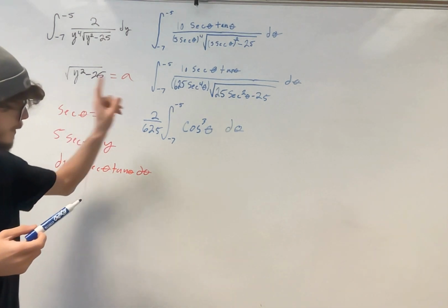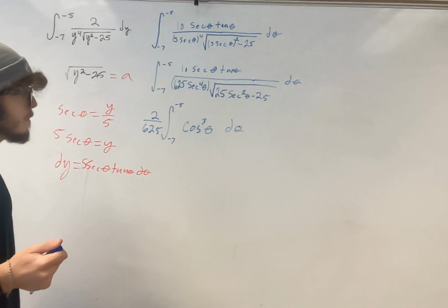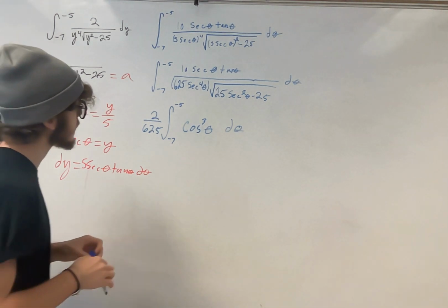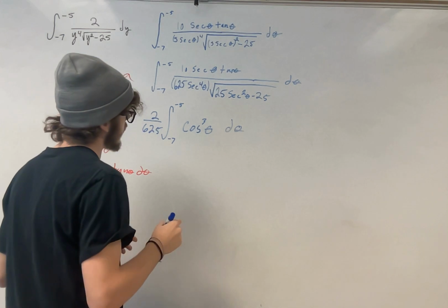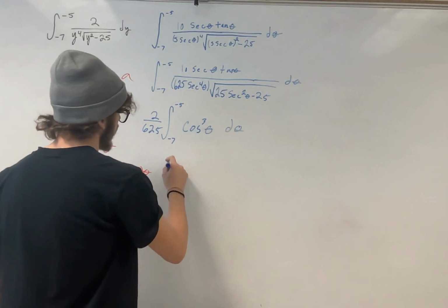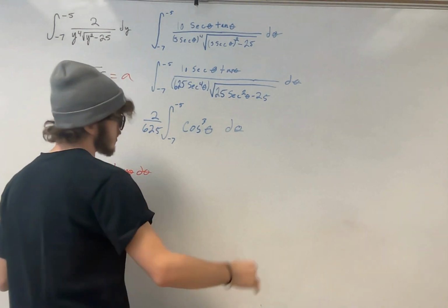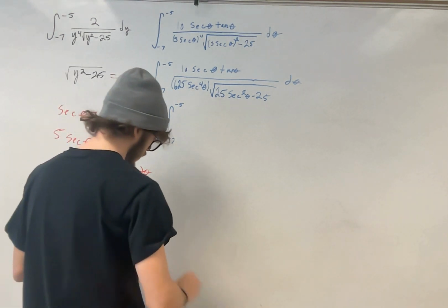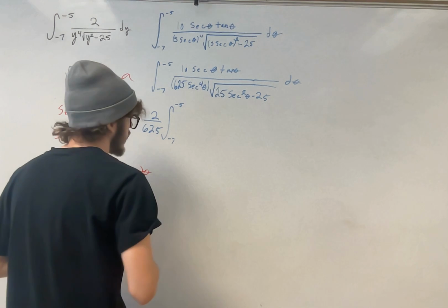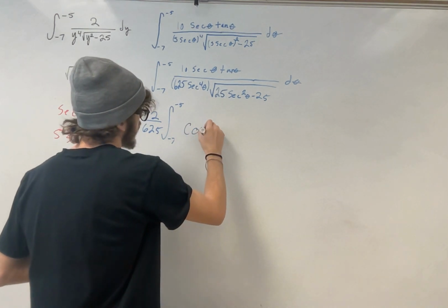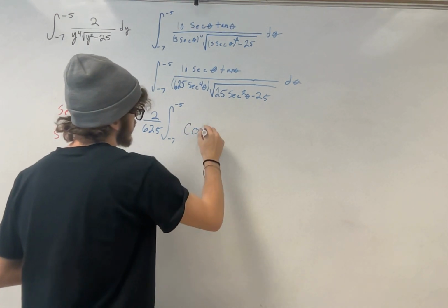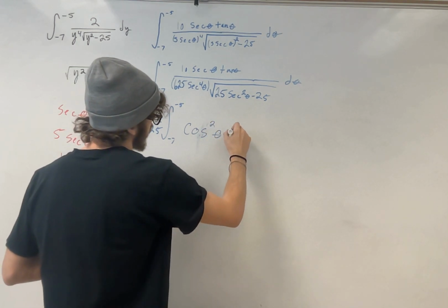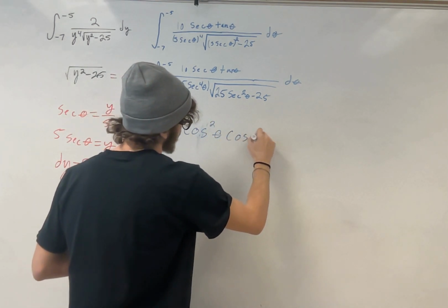However, we can do this pretty simply, and how I want to start this is by pulling out a cosine squared. So I'm going to transform this a little bit. I'm going to expand it by saying, and I'm actually going to grab my new marker here, cosine squared of theta times cosine of theta.